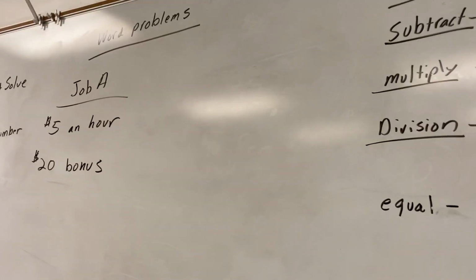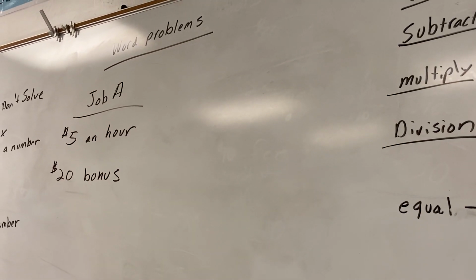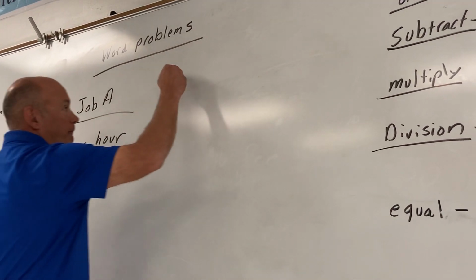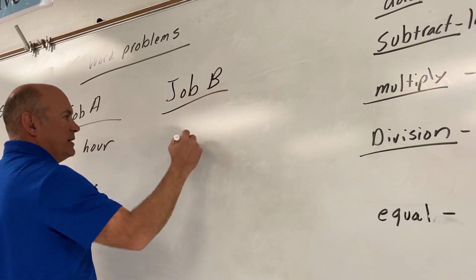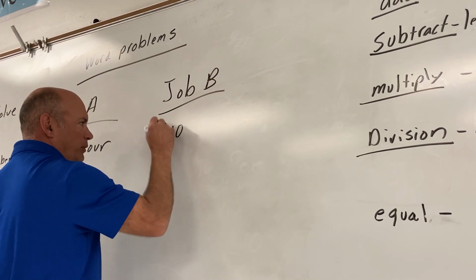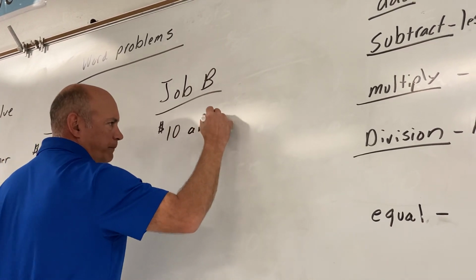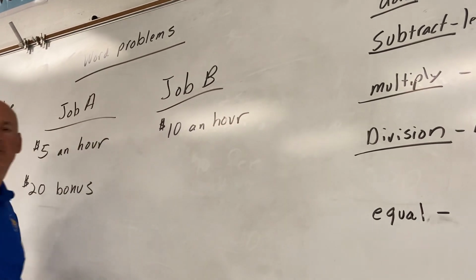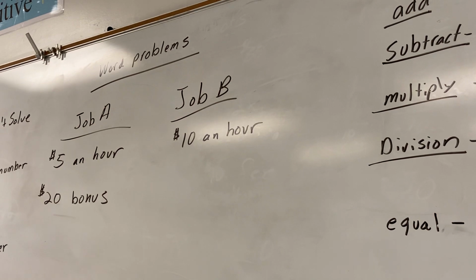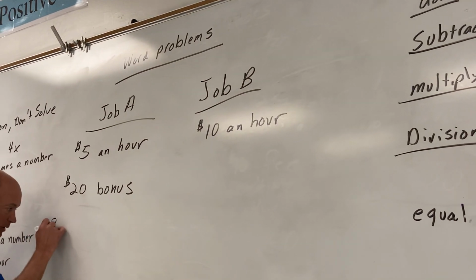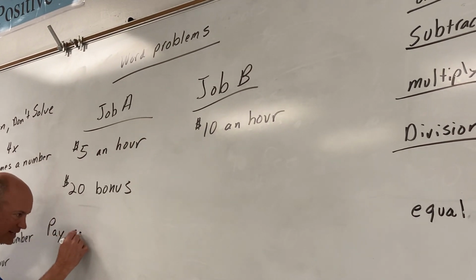So there's job A. We get $5 an hour and $20 bonus. Job B pays $10 an hour only. No bonus. So a question on the homework might be, when will both jobs pay the same amount?